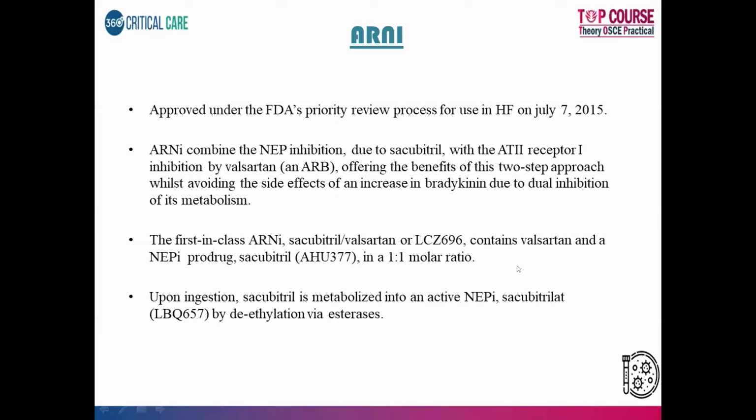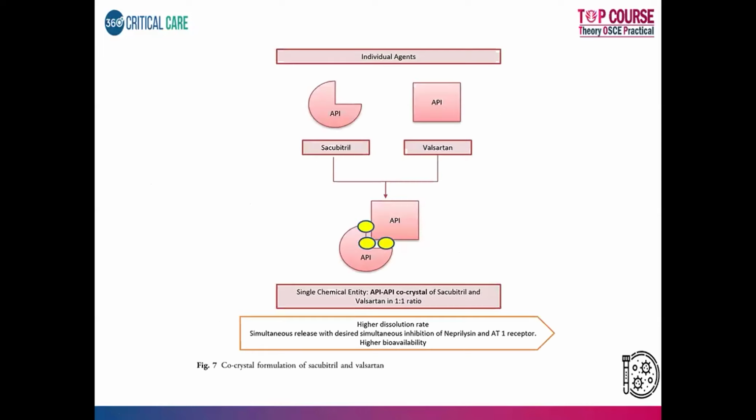So this basically contains, as I told, valsartan and sacubitril. Sacubitril is a prodrug. Okay, it is converted into an active form which is known as sacubitrilat, by deethylation via esterases. So both are in 1:1 ratio. The concentration is in 1:1 ratio.